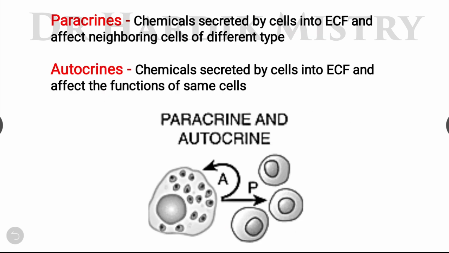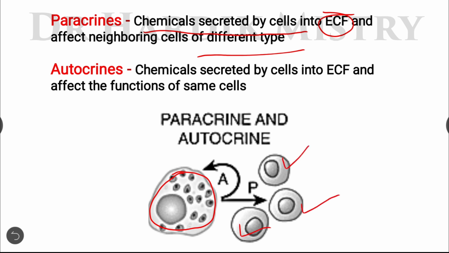Now, what is paracrine and what is autocrine? First of all, paracrine. These are chemicals secreted by cells into the extracellular fluid that affect neighboring cells of a different type. For example, that is the endocrine cell which releases some chemicals that affect the neighboring cell. These are known as paracrine. Now what is autocrine?